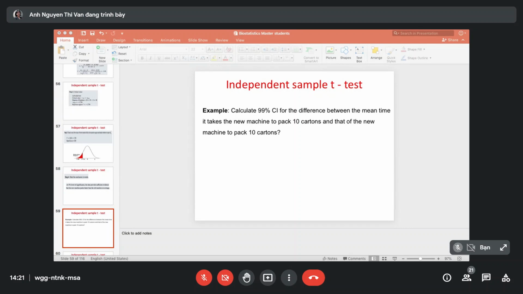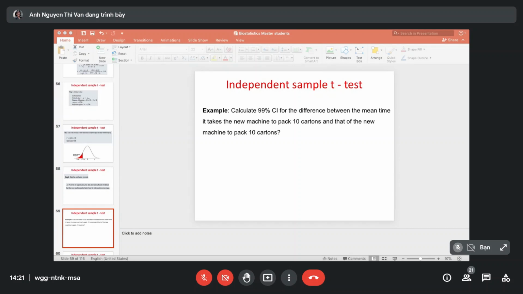The alpha is equal to 0.01, so alpha divided by 2 is 0.005, so we need to look at the column of t 0.995. Okay, and DF? 18. DF is 18, yes, correct. So check the result again, okay?